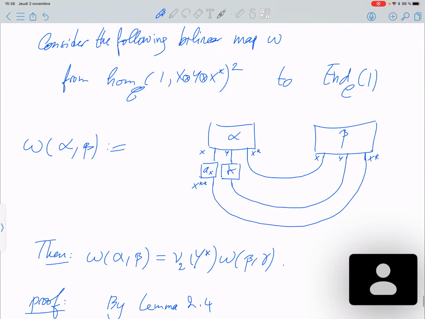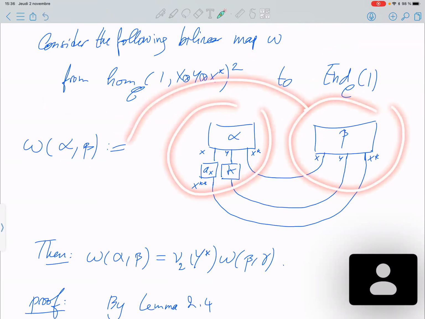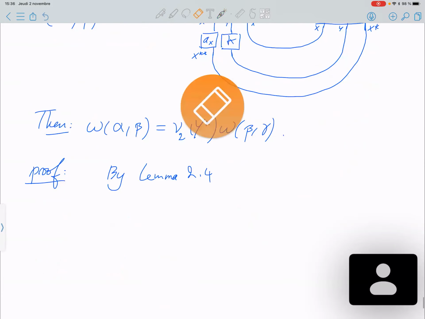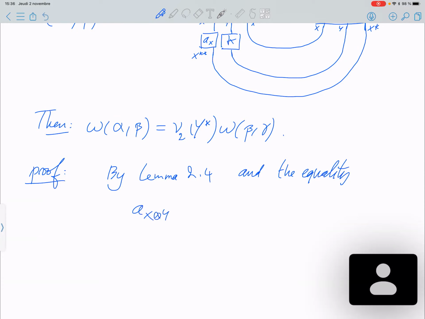So we can apply Lemma 2.4 here for this and this, I guess, and we can switch this one up to adding some pivotal structure. So this is Lemma 2.4, and we will also use the pivotal structure AX tensor Y tensor X star equal AX.